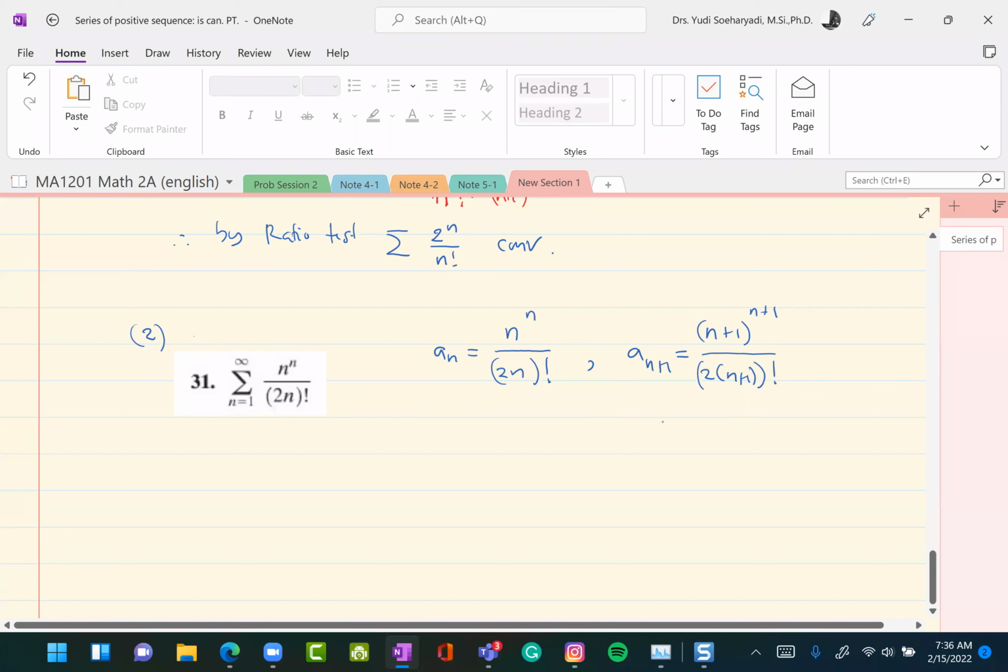Okay, so let's simplify this a little bit here. So we can take the comparison, the ratio. Here we have this is (n plus 1) power n, right? Times (n plus 1). And you have this one here, 2n plus 2 factorial.